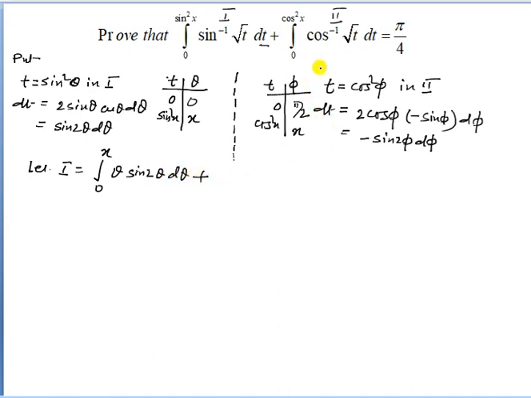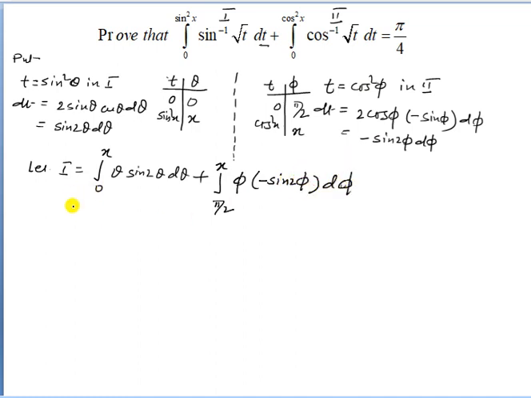Plus, for the second integral, 0 to cos square x becomes 90 to x, because 0 corresponds to phi value 90, and cos inverse root t is replaced by phi, and dt is replaced by minus sin 2 phi d phi.